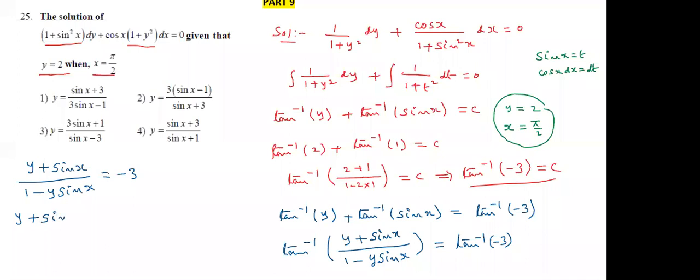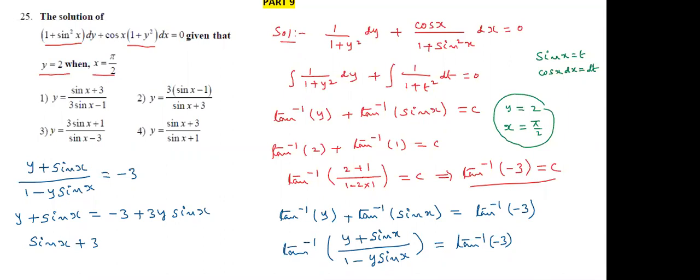Y plus sin x, that is equal to minus 3 plus 3y sin x. Next, how to do that? And minus 3 send left hand side. It is going to plus 3 sin x plus 3.